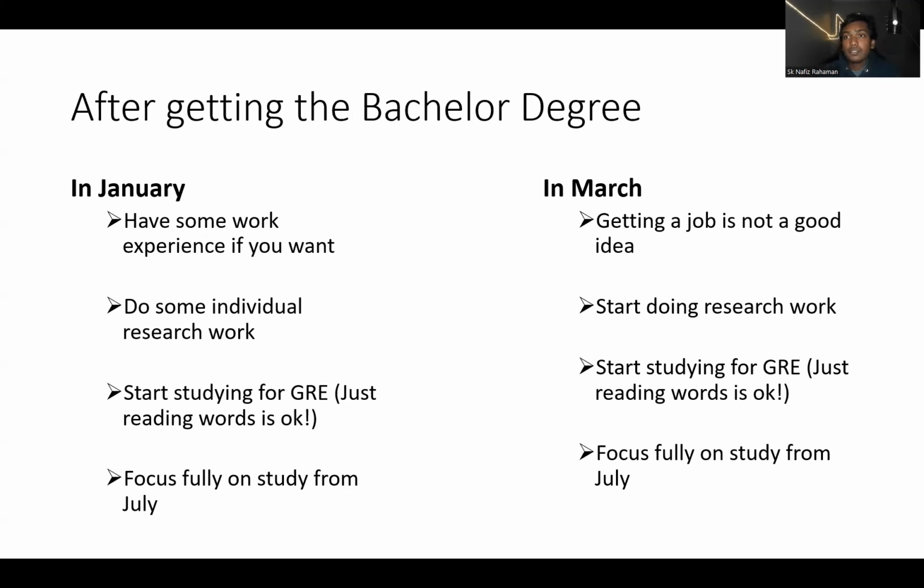So if you get your certificate in January, then you must target the fall semester after the year. So if you get your certificate in January 2022, then you should target fall 2023 to get your graduate degree from the USA.